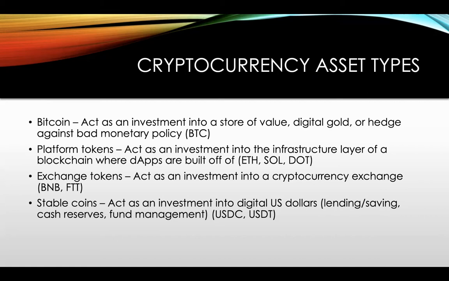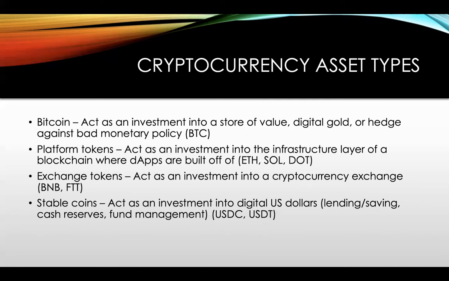And this is basically acting as an investment into a store of value, or a digital gold per se, or also something like a hedge against bad monetary policy. So people in the US right now are worried that the value of the dollar is going to go down, and so because of that, they want to retain the wealth that they have now. They don't want to lose that when the dollar value goes down.